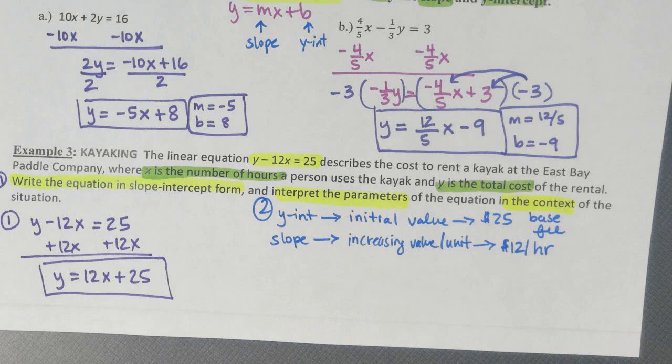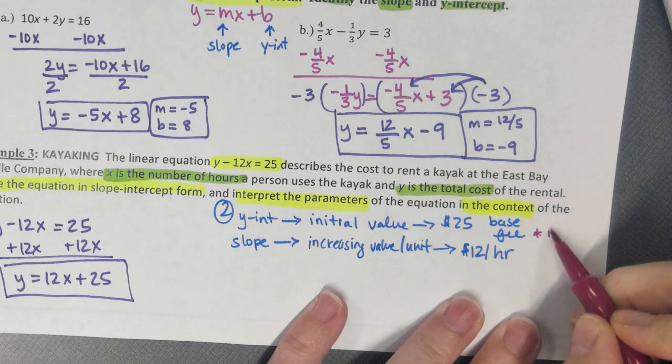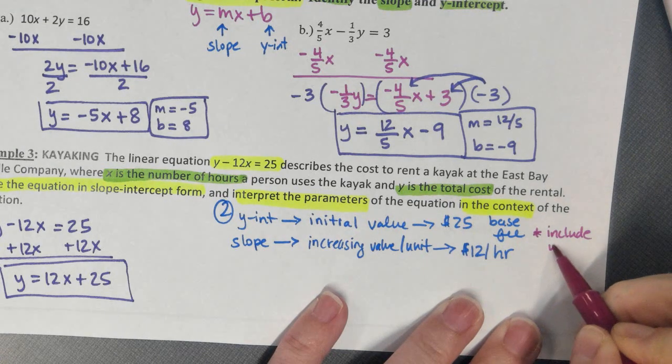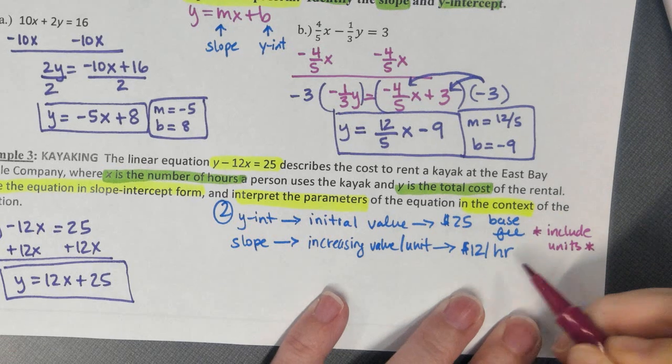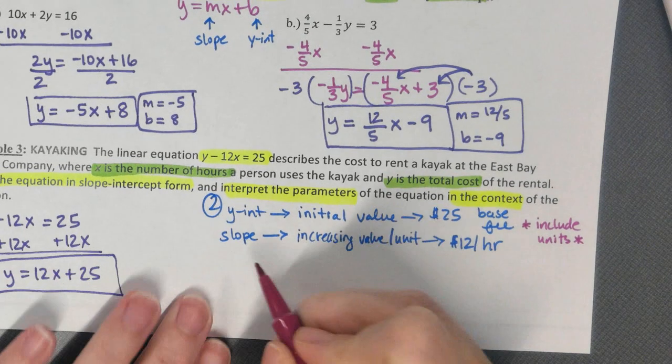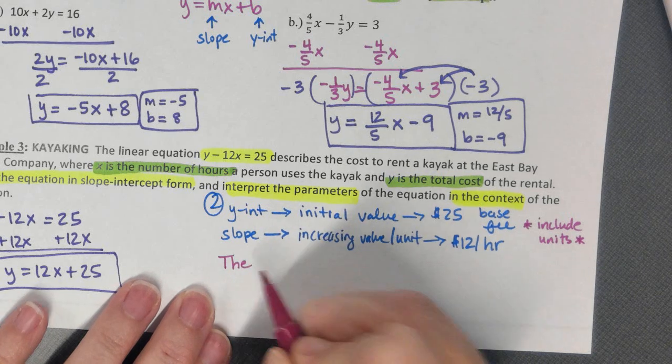Okay, and then when you're writing this up, just make sure you include the units, so the hours and the price, which we did here. So the interpretation is just going to be a sentence.